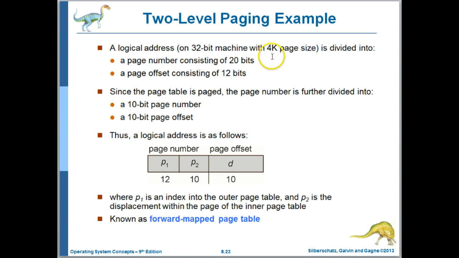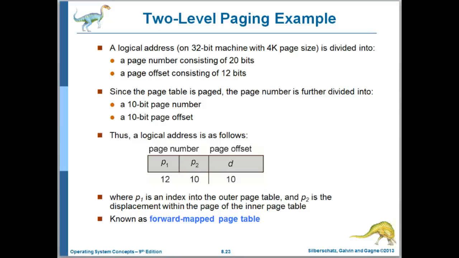So by selecting a page size of 4K, that gives us 4 bytes per inner page table entry. If we had left it 10 and 10, remember that's a 12 there, then we only have 1 byte per inner page table entry, and that's not enough.